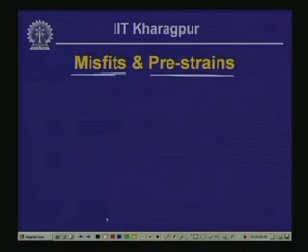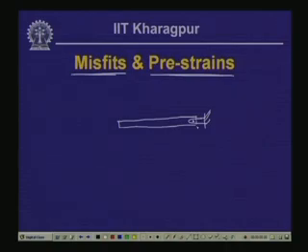Now, if the structural system is a determinate one, let us take an example. Let us say we have one bar which is pinned at this end, and this bar is connected by another bar and connected at this position. Let us say this is AB and this is CD.